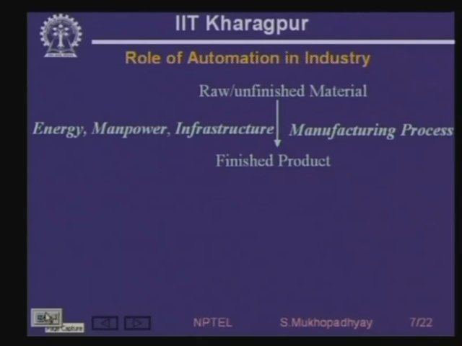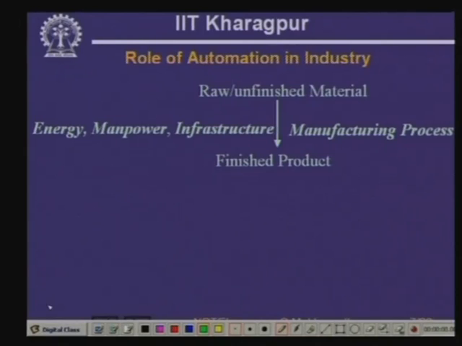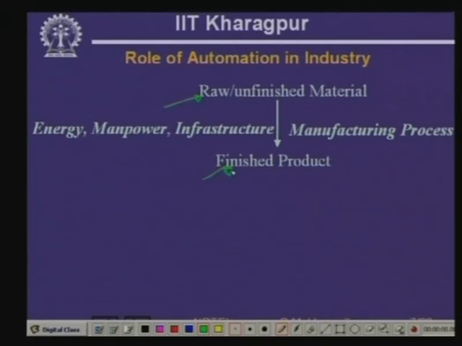So, let us first try to understand, since automation is for the factory, what basically a factory does. So, a factory essentially starts with raw or unfinished material. It could be either raw material, for example, in an iron and steel factory, you start with iron ore, that is your raw material, and you produce a finished product, which in this case is steel.